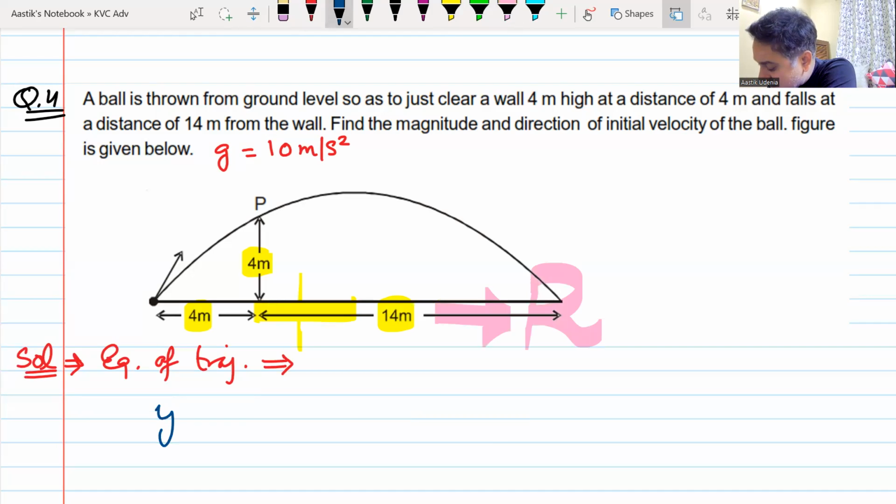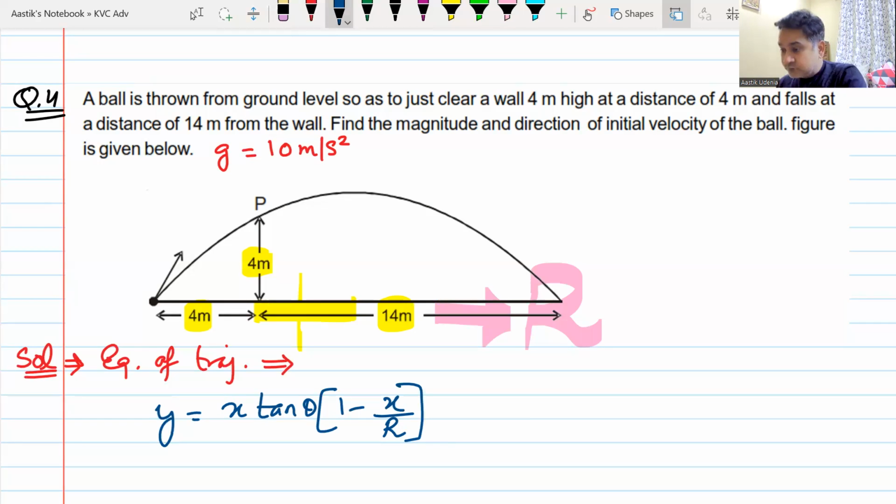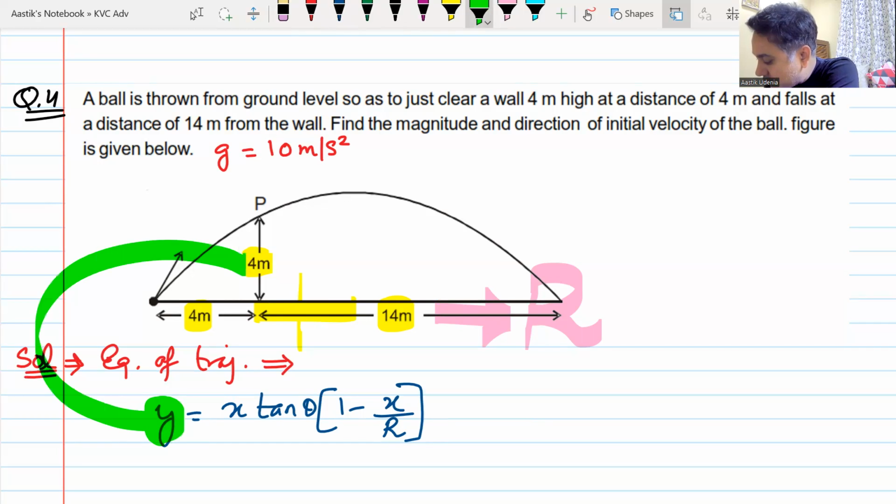So I will use this equation: y is equal to x tan theta into 1 minus x by R. What is the value of y? 4. What is the value of x? 4.